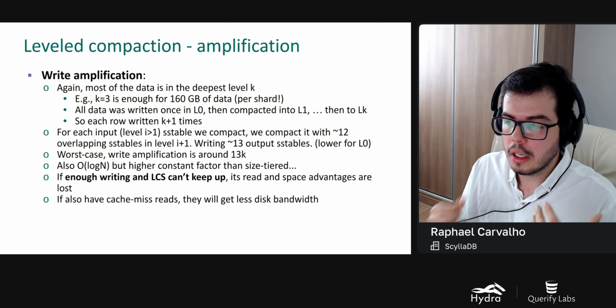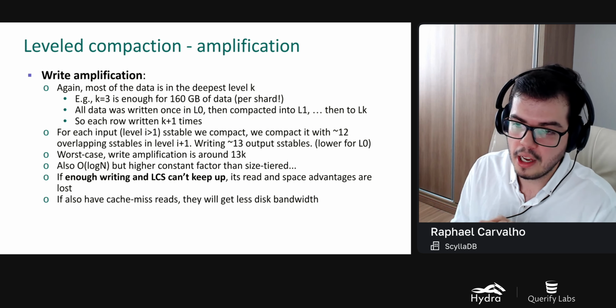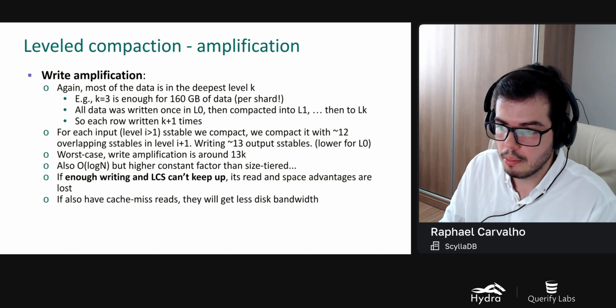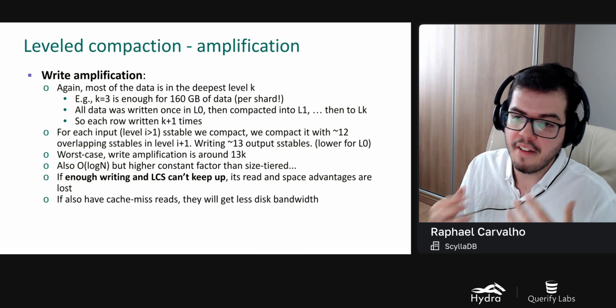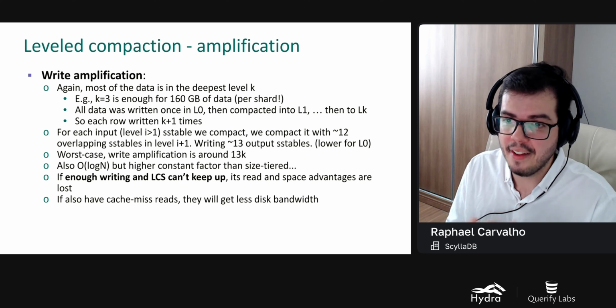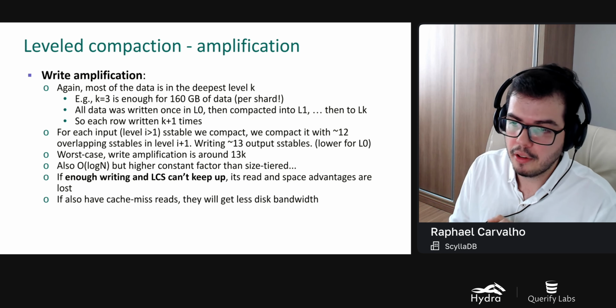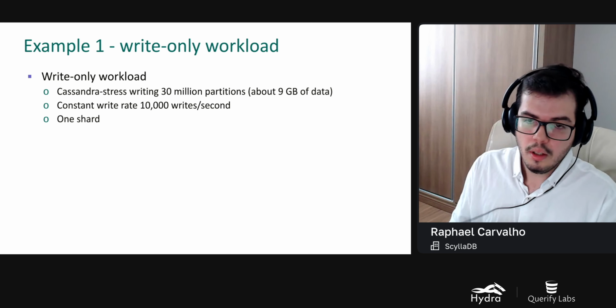So when trying to use leveled, you need to see if the write amplification it causes will be a problem for you. So write amplification makes leveled policy a bad policy for many workloads where the amount of writes is not negligible.